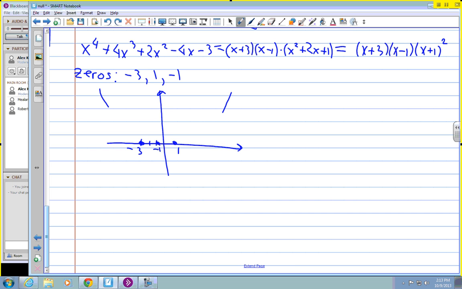We know at negative 1, the graph will bounce off the x-axis, right? Not necessarily from the top, but when you connect the dots, it will do something like that. It will bounce at negative 1, and it will go up. That doesn't look pretty.